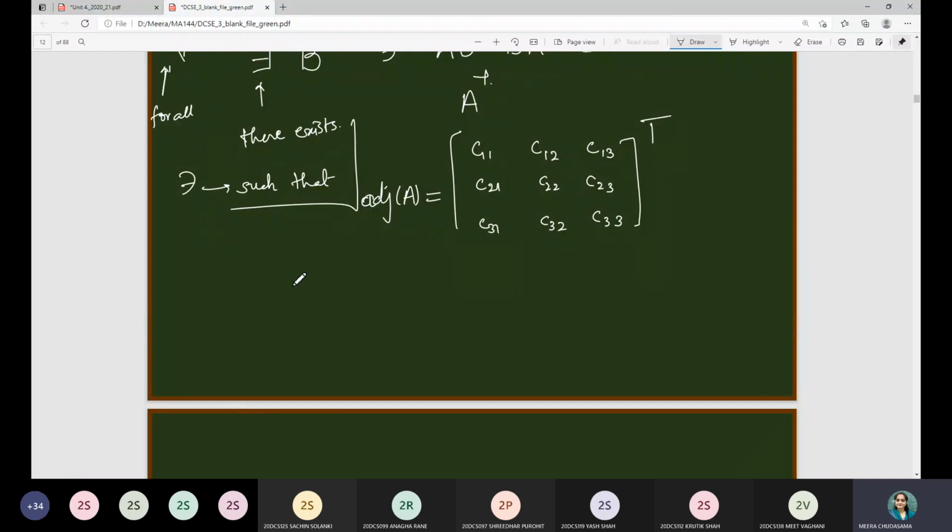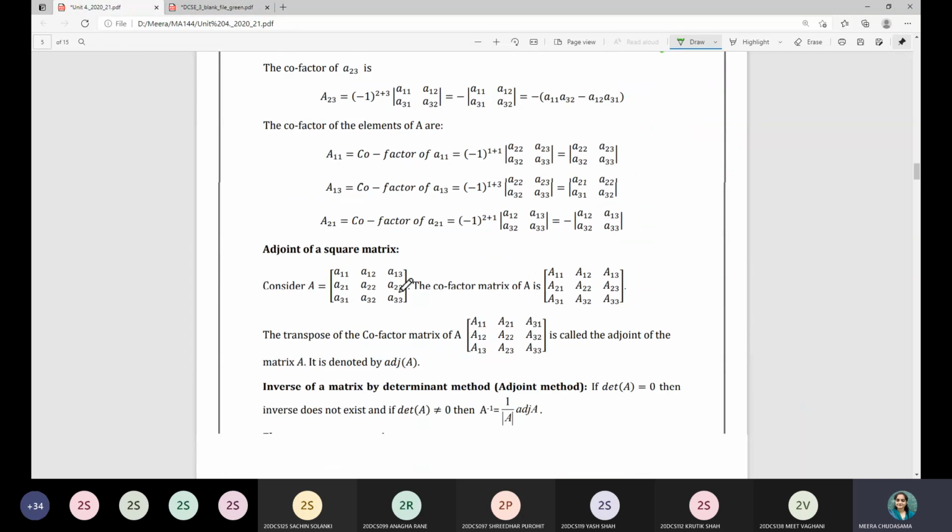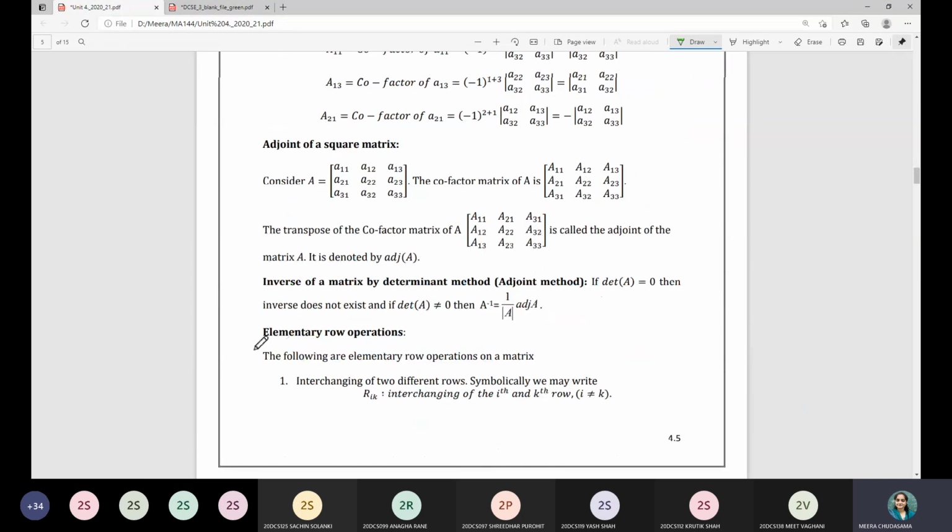And once you know the adjoint of A, you can write the A inverse formula: it is 1 upon determinant of A times adjoint of A, which is possible if and only if determinant of A is not equal to 0. So this is what you have seen in your class.